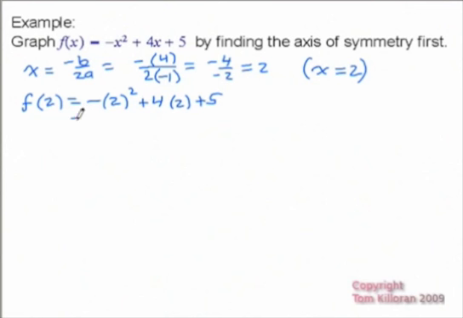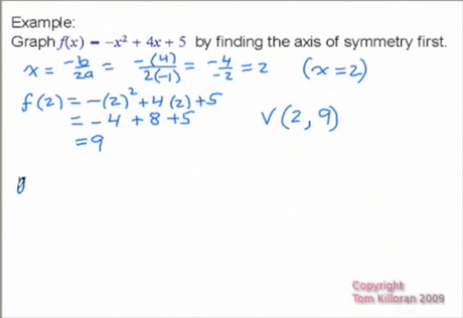And then on simplification, this becomes negative 4 plus 8 plus 5, better known as positive 9. So our vertex is going to have a coordinate of 2 for the x and 9 for the y, better known as (2, 9). And then we can go about finding x-intercept and y-intercept like we did before.